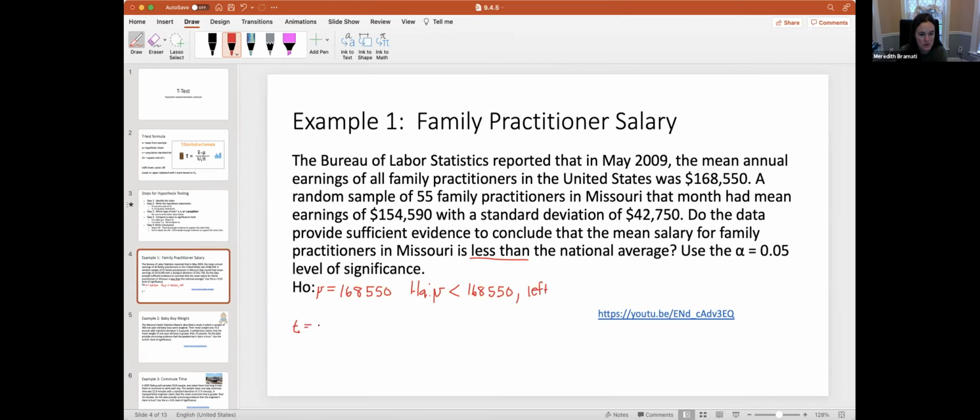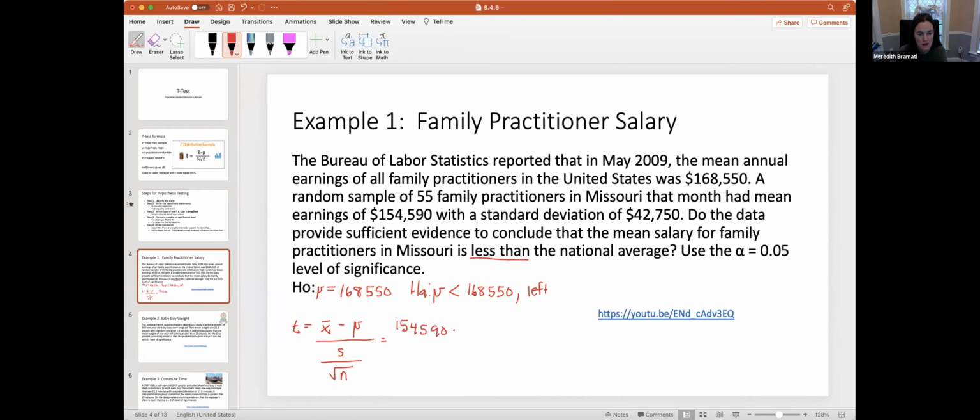Okay. Now we have our formula. T equals sample mean minus the hypothesized mean all over the sample standard deviation, which is then over the square root of n. What is our sample mean? 154,590. Perfect.